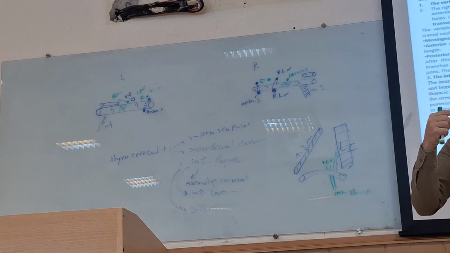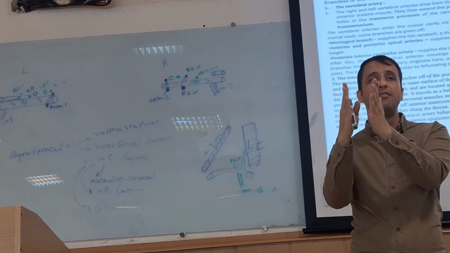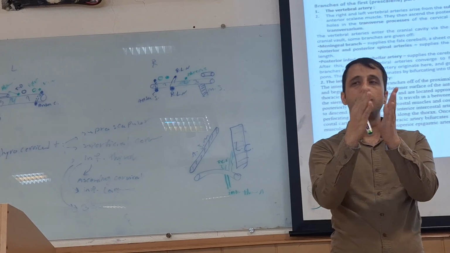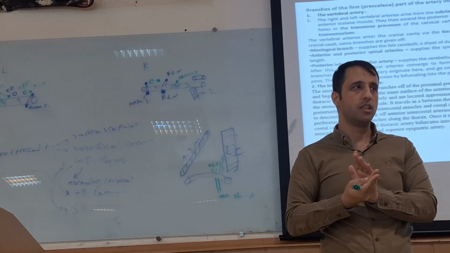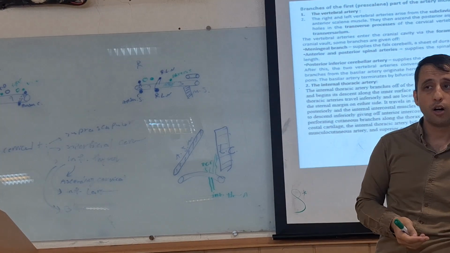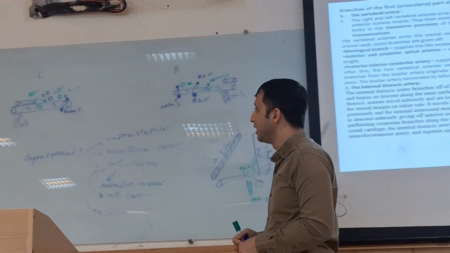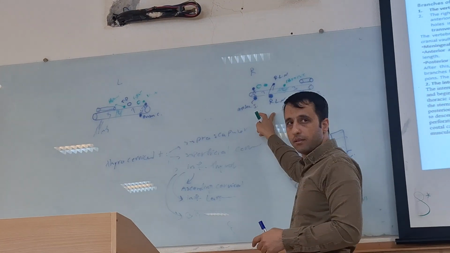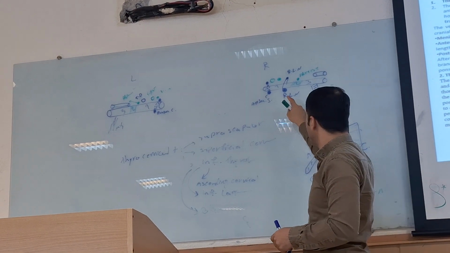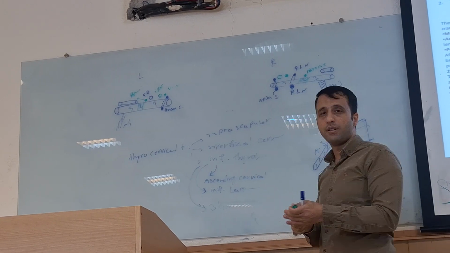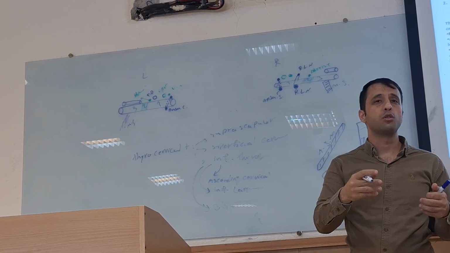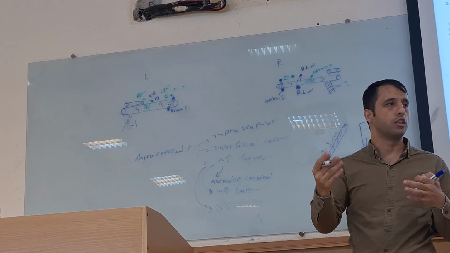Posterior to the anterior scalene muscle, we have the second part of the subclavian artery. On the right side, the second part gives a branch named the costocervical trunk.